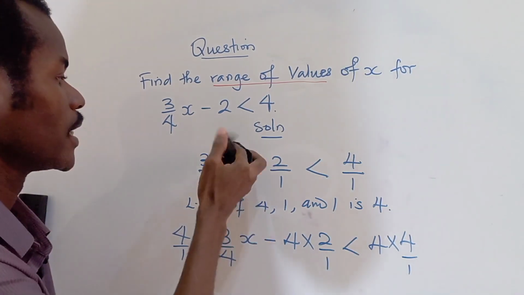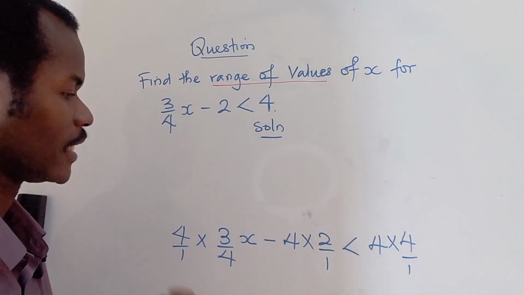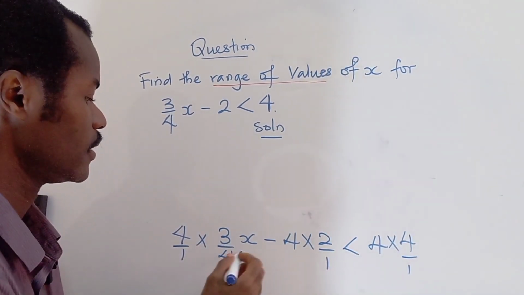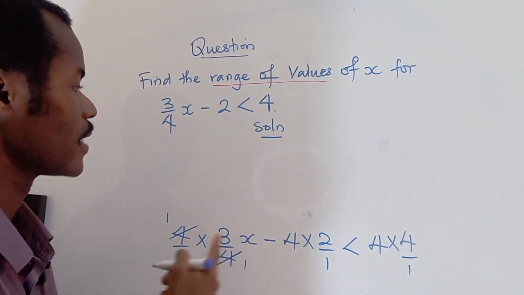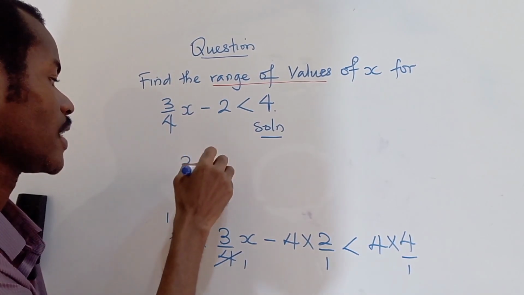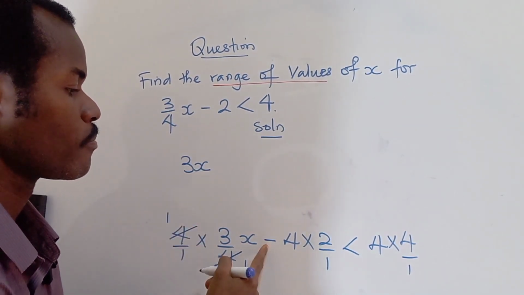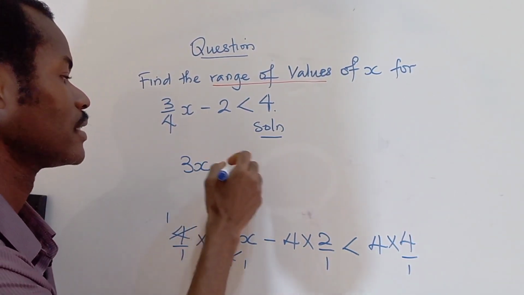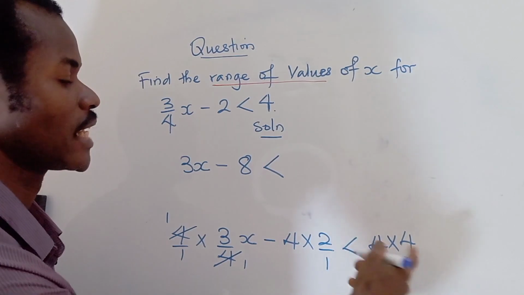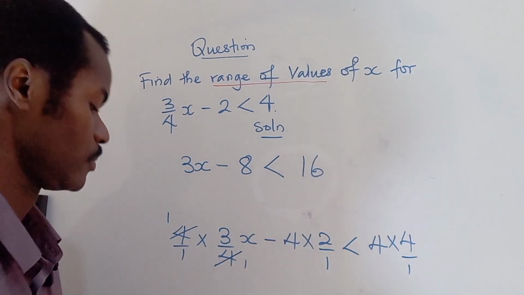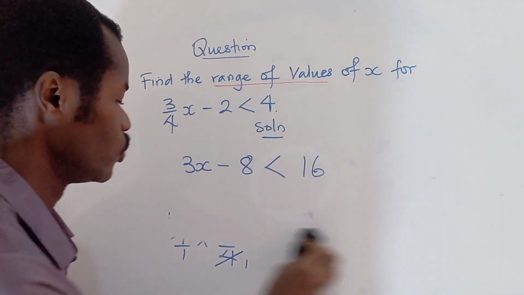For the left-hand side, this 4 can cancel, and we are left with 1 times 3x, which is 3x. Then minus 4 times 2 is 8, is less than 4 times 4, which is 16.